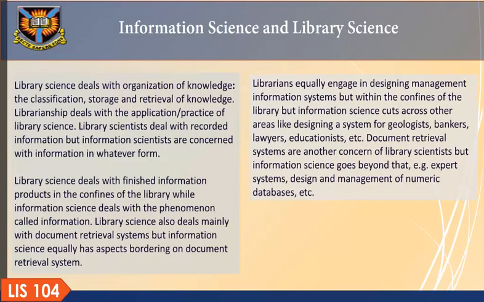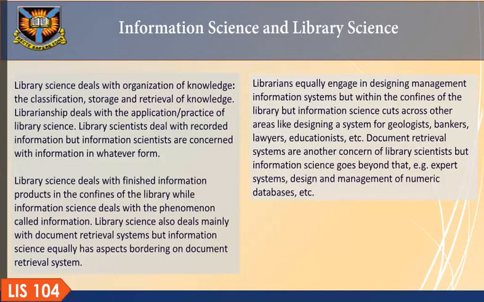Library science deals with organization of knowledge, the classification, storage, and retrieval of knowledge. Librarianship deals with the application and practice of library science. Library scientists deal with recorded information, but information scientists are concerned with information in whatever form.